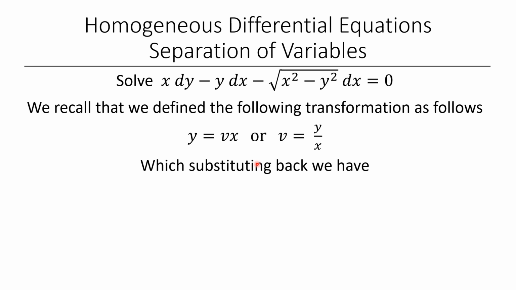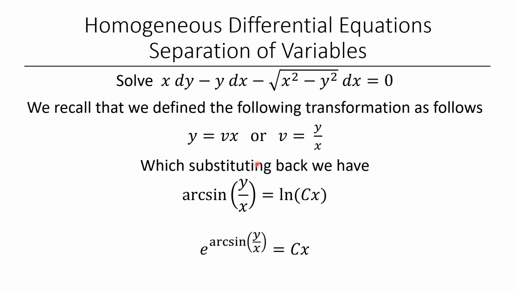So we can substitute that back into our equation, which gives us this. And then we can take the exponential of each side, and this gives us our general solution to the original equation, which is e to the arc sine of y over x equal to some constant times x.